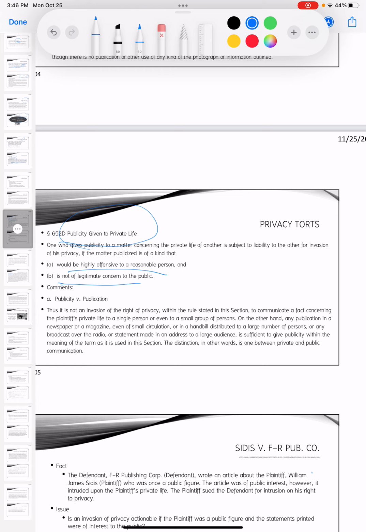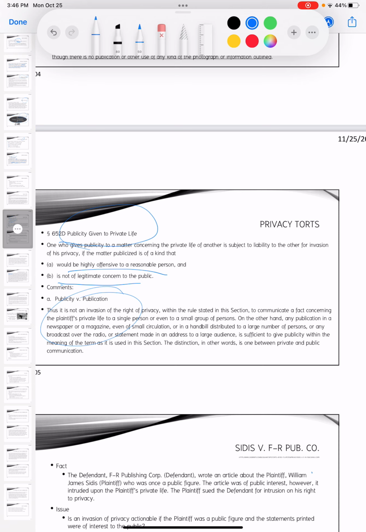It's really important here that the liability can arise only if the matter publicized is not of legitimate concern to the public. So even if it regards private lives, but it is of legitimate concern to the public, it's a public interest, it's okay to be publicized. The person who publishes will not be subject to the liability.